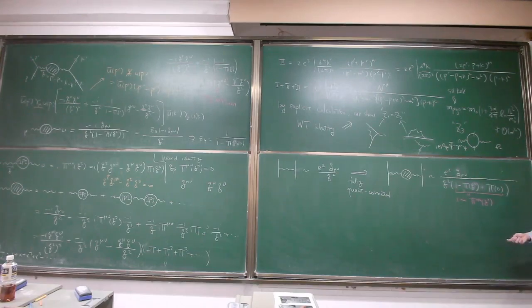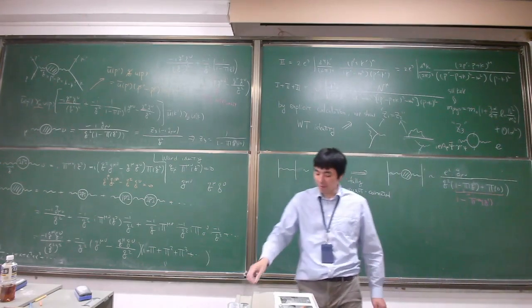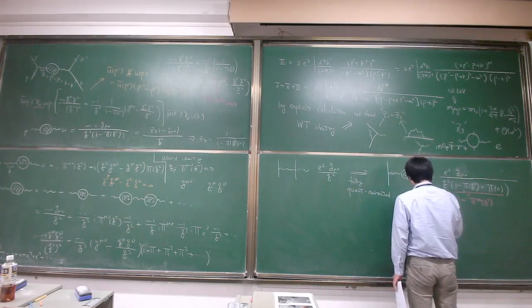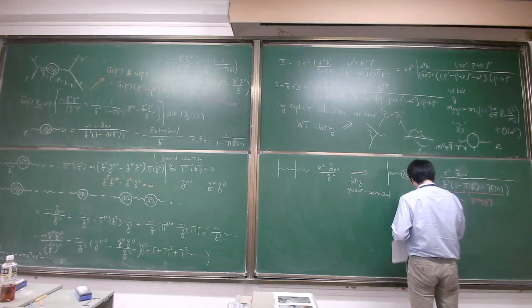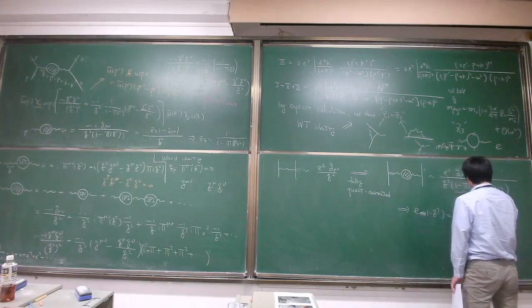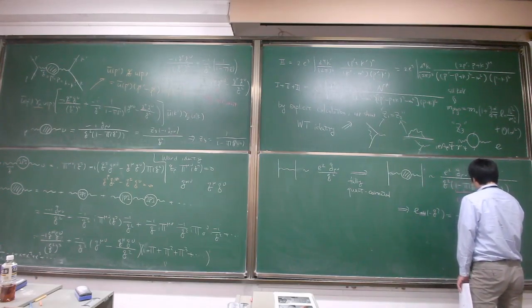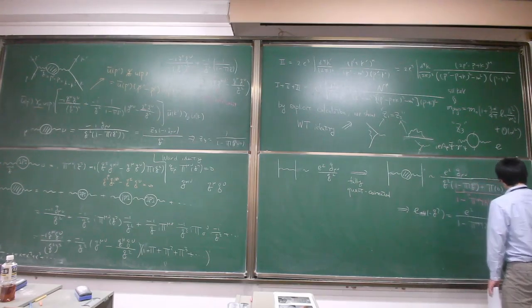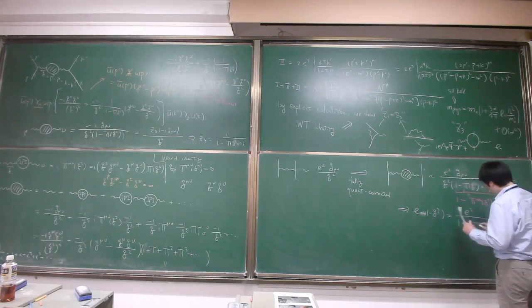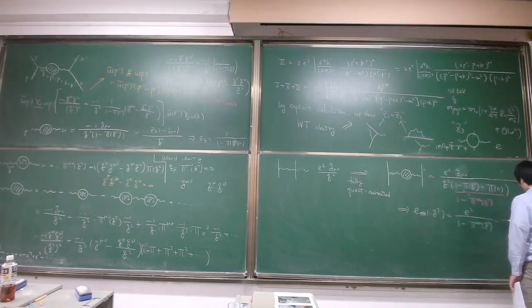So now, effectively what we have is the electric coupling constant here. This is effectively E renormalized, or I call it E effective, which is equal to E0 squared times 1 minus delta Q squared.